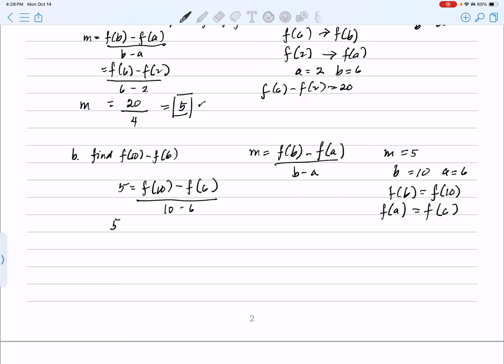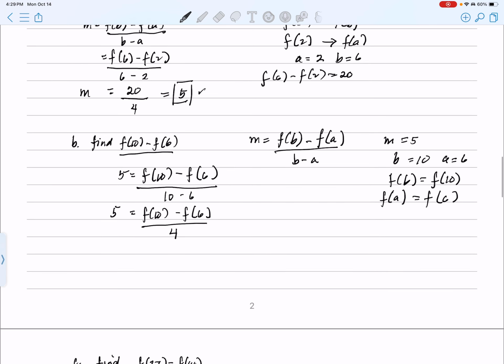We are looking for f of 10 minus f of 6, so that over 4 equals 5. We multiply 4 on both sides. 4 times 5 equals 20.